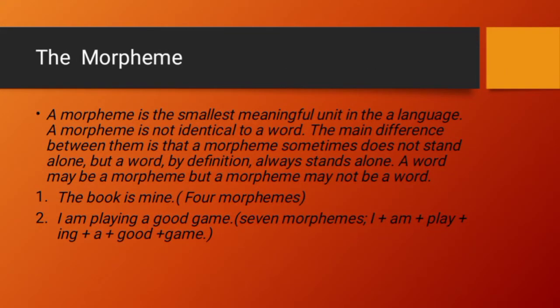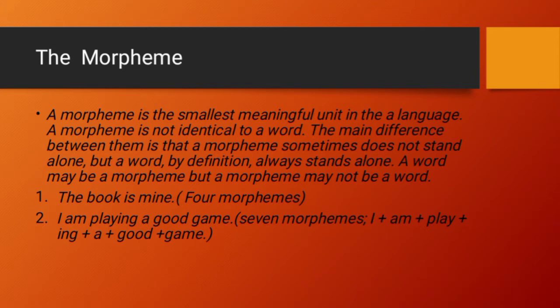The morpheme, which will be the focus in this unit, is an aspect of grammar. A morpheme is the smallest meaningful unit in a language. A morpheme is not identical to a word. The main difference between them is that a morpheme sometimes does not stand alone, but a word by definition stands alone.